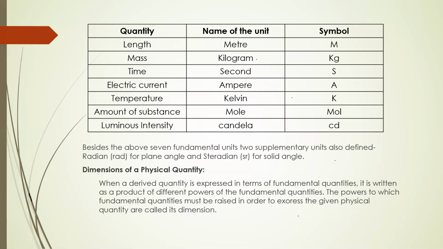So dimension is nothing but expressing a given physical quantity in terms of fundamental quantities, and then writing it by raising powers to the fundamental quantities. For example, if I take force, or we can take pressure also. First we will see the basic one, force.